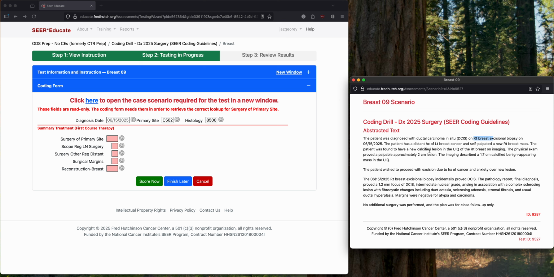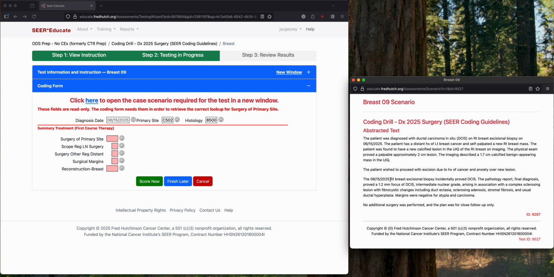Patient was found to have a new calcified lesion in the upper inner quadrant of the right breast on imaging. Physical exam showed a palpable mass approximately 2 centimeters. Patient wished to proceed with excision due to history of cancer and anxiety over the new lesion.